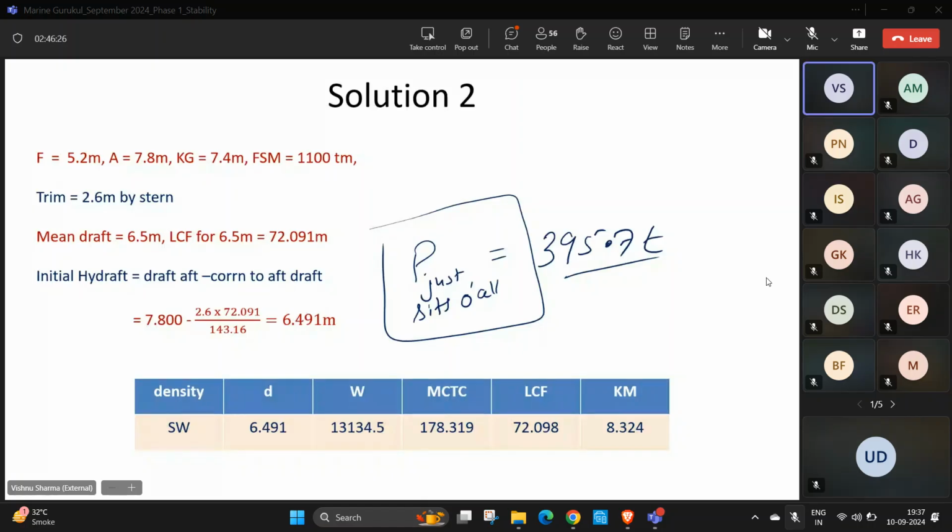Everybody is good with 395.7. Okay, anybody who's now struggling with 395.7, tell me. Or is somebody still calculating and wants me to wait? Calculating. Okay, let me know once you're done. Dushant, let me know once you're done. 395.72, sir.